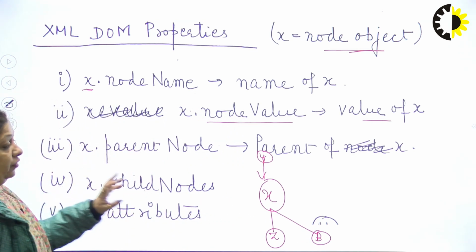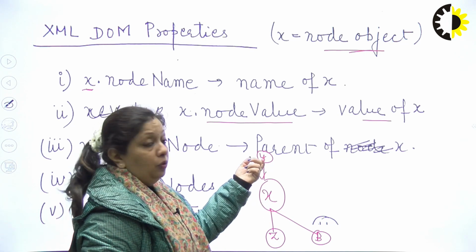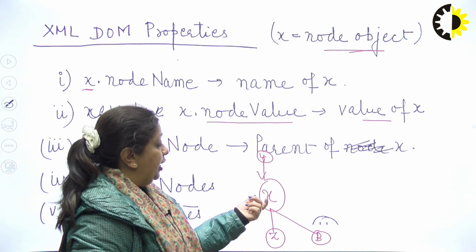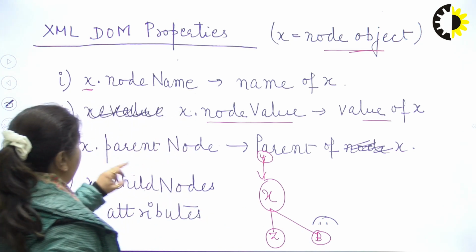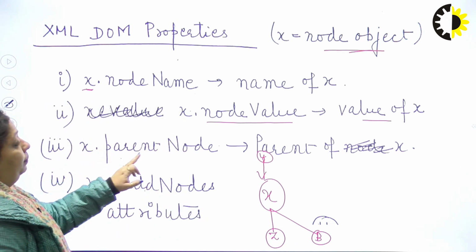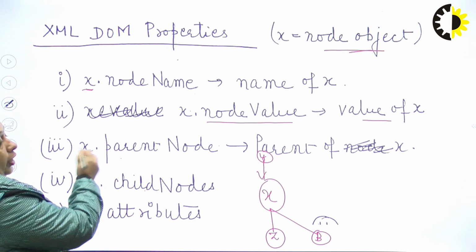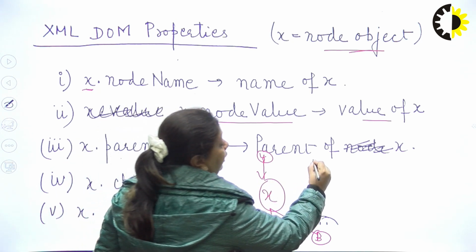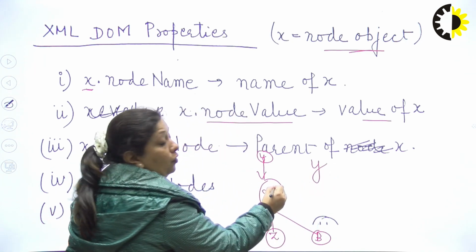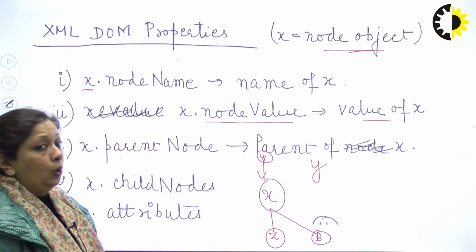Okay, now if I have this type of structure, I have a node x, I have a node y which is acting as the parent node for x, and I have two child nodes for x, that is z and b. Now if I am using this property x dot parent node, so this is going to get me the parent of node x. So for this particular example, I'll get a value y, because the parent of node x is y. So this is how this property is going to work.